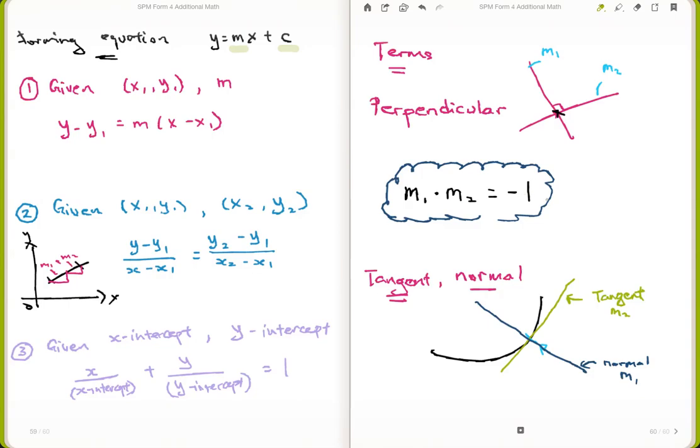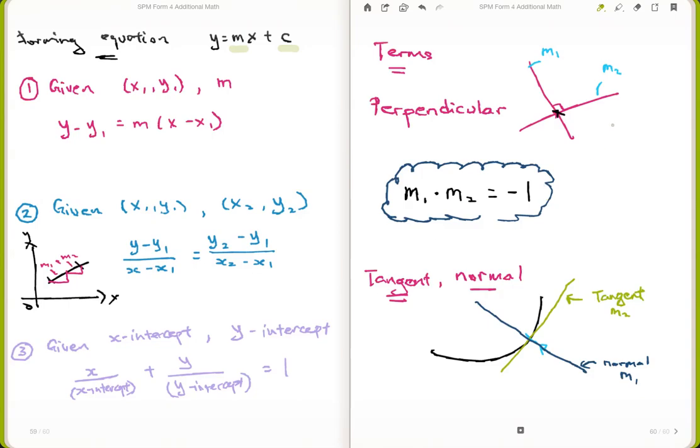This is something that you should know, and you should bear in mind. These are the keywords in order to solve all the questions behind it. Tangent, normal, perpendicular are the key to solve all the questions.